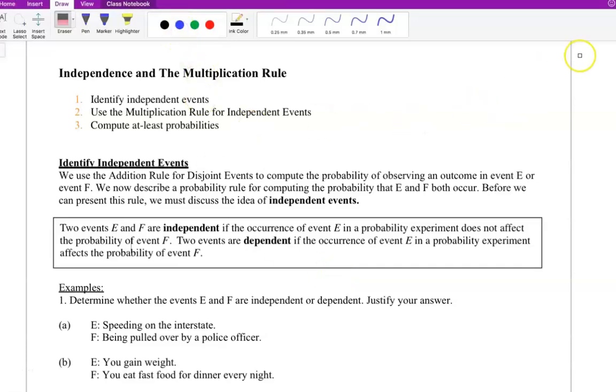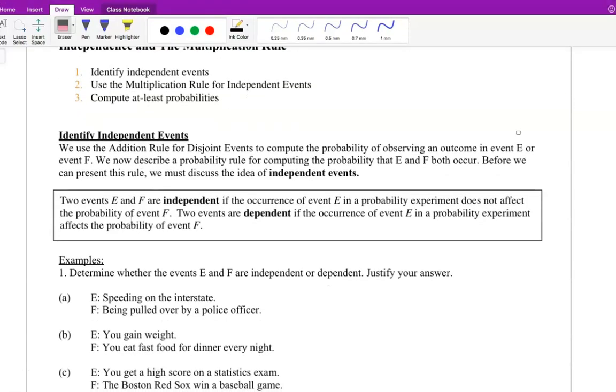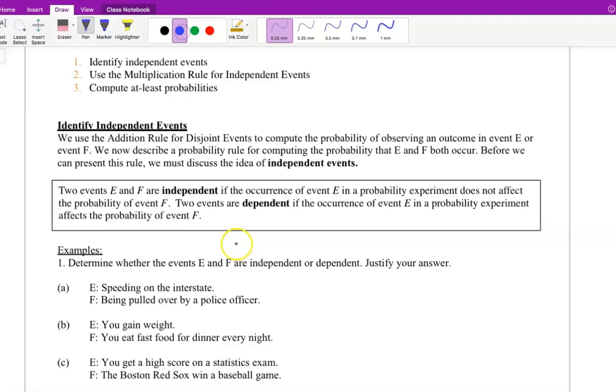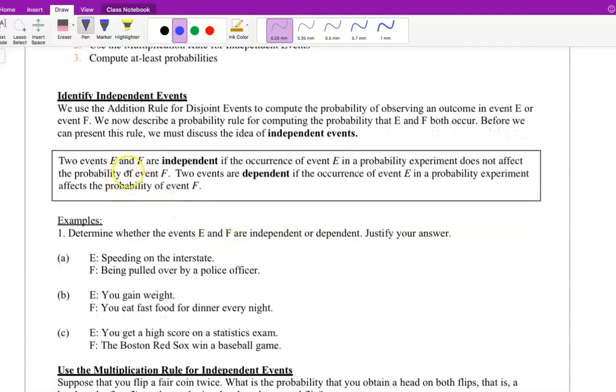Okay, here is the independent and multiplication rule. On this part, we have these two events, E and F, and we're going to see when we have independent and dependent.